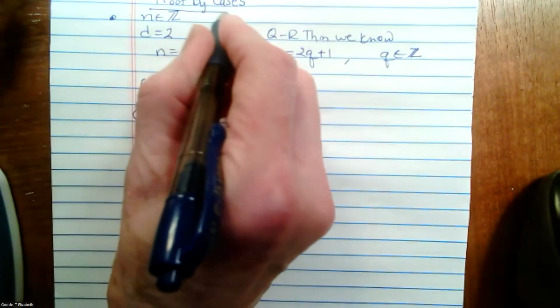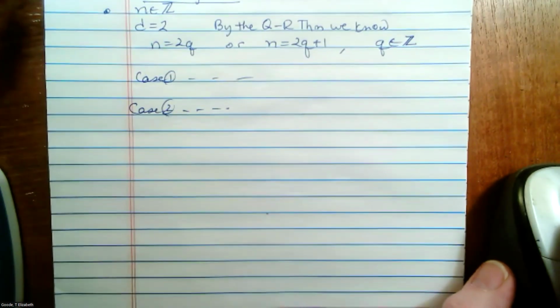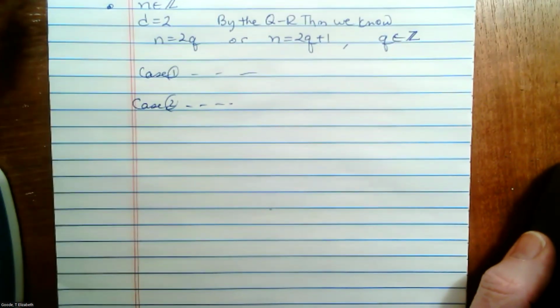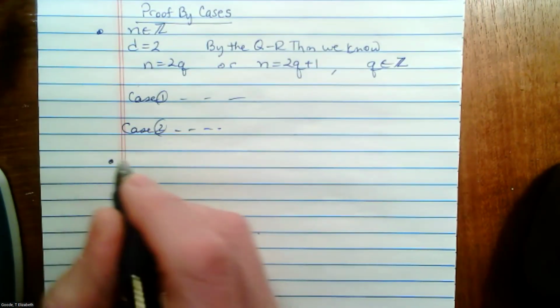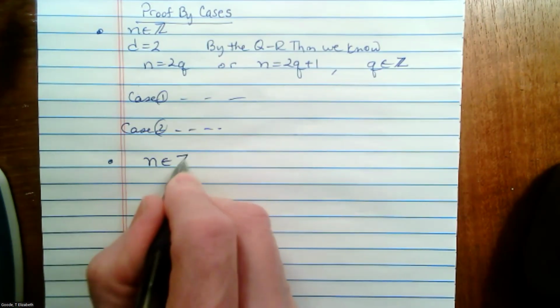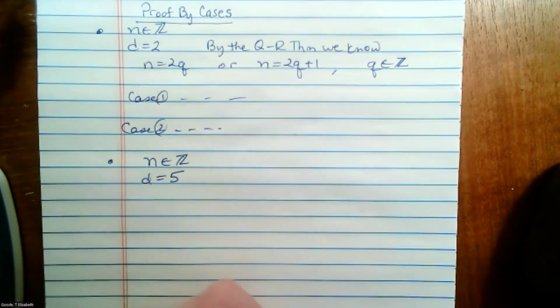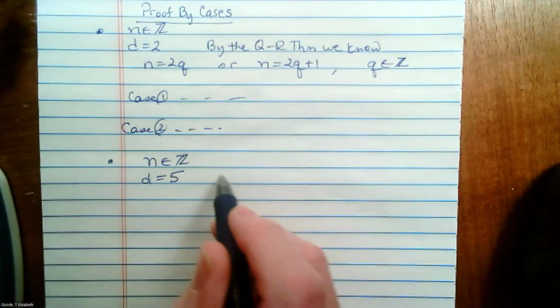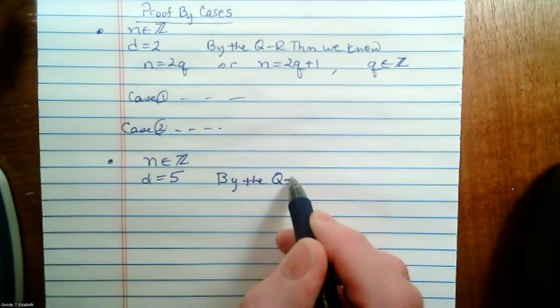But it might be that we have a different divisor from 2. We had a homework problem where n was in Z and d was 5. And the result we wanted to show was about n squared. But the main mistake people made was they didn't write all the cases.